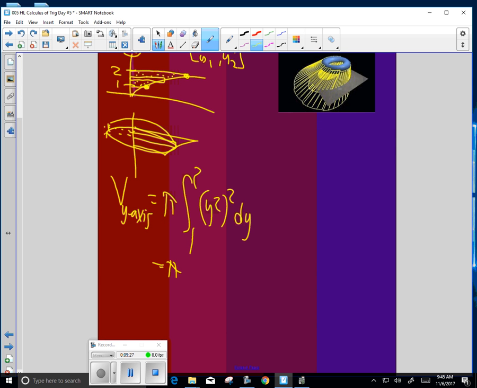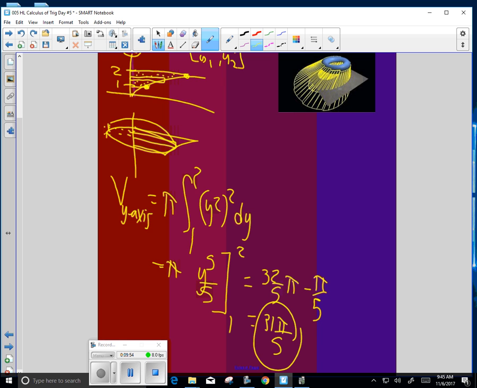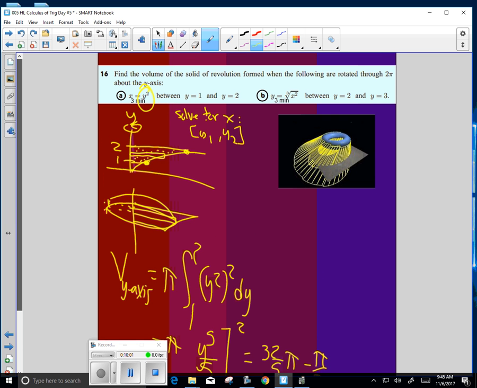Pi times y to the 5th over 5, going from 1 to 2, which is just going to be 32/5 pi minus 1 pi over 5, which is, right? 31 pi over 5. Units cubed, because it's a volume. You try part B. Good luck.